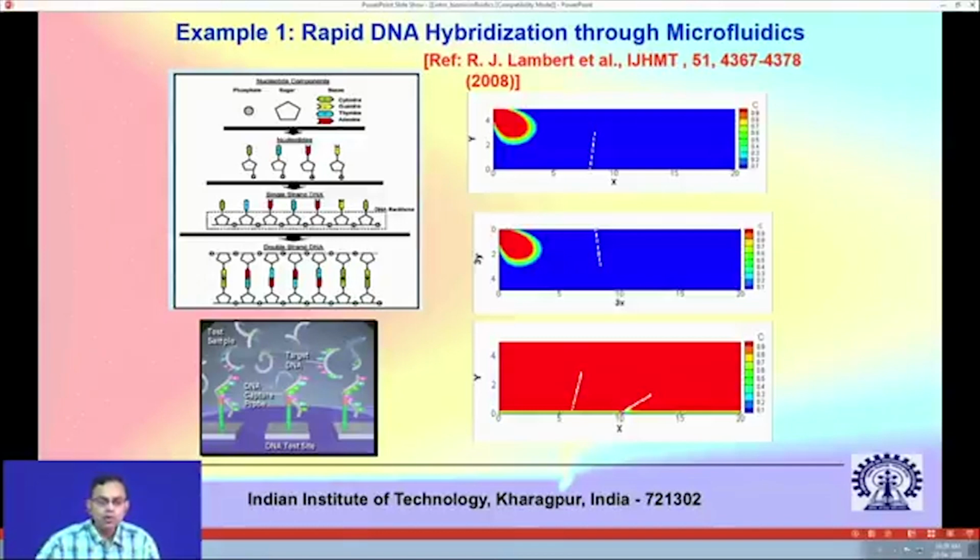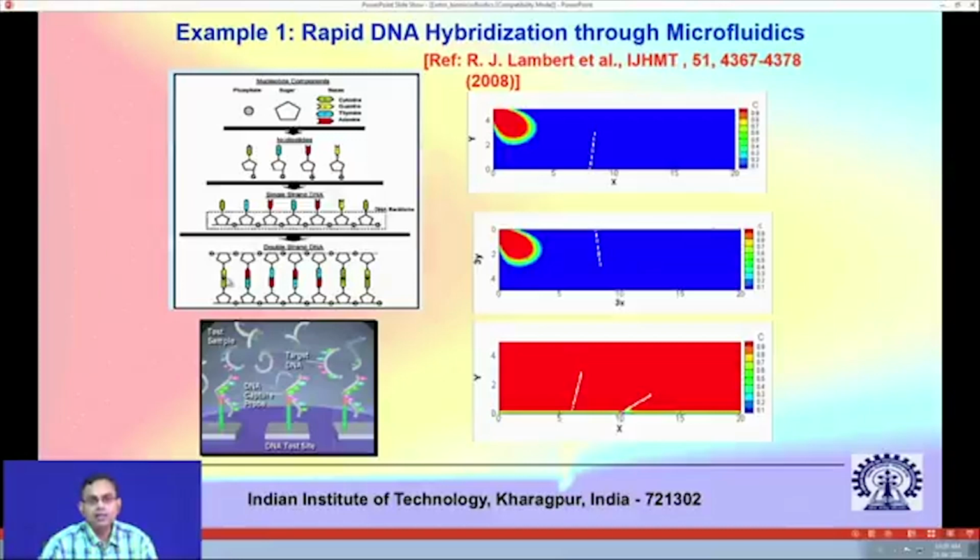If you look at each DNA strand, it is linked with an alternate sugar and phosphate, and each base is connected with sugar. Now how one strand of the DNA is linked with another strand, look at this part of the figure.